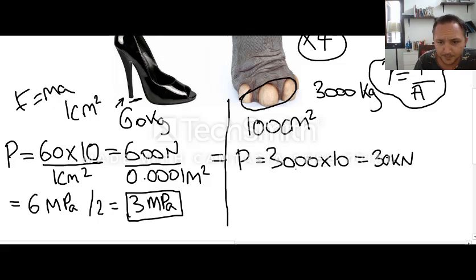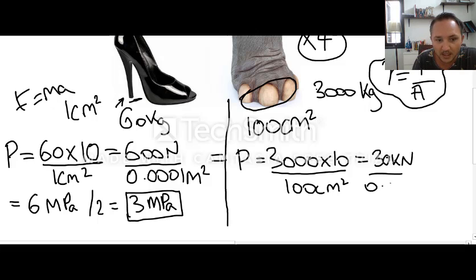And then the area is 100 centimeters squared, so that is the same as 0.01 meters squared. And using our calculator, 30,000 divided by 0.01, or if you're very good at maths, you should work out that that works out to be 3 million pascals, which is not our final answer.